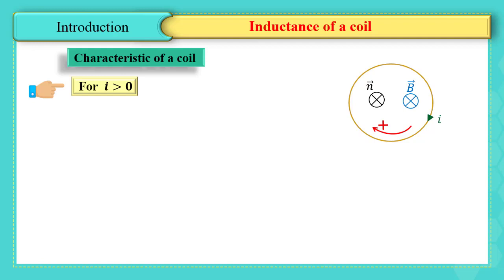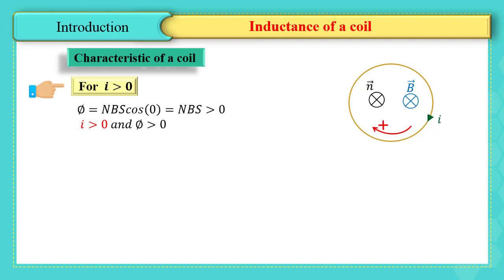For i greater than 0, when the current traverses the coil in the positive direction, that means, according to the right-hand rule, the magnetic field created by the current is inward. So, the normal vector of the coil and the magnetic field have the same direction.